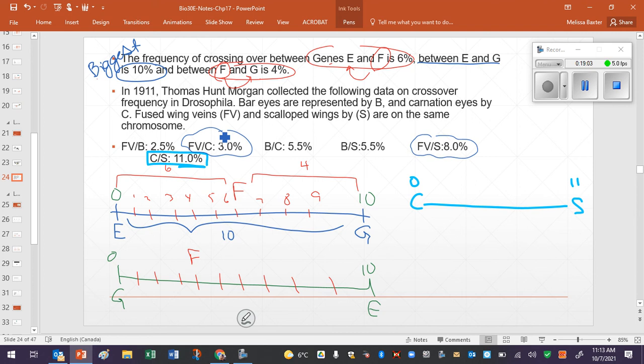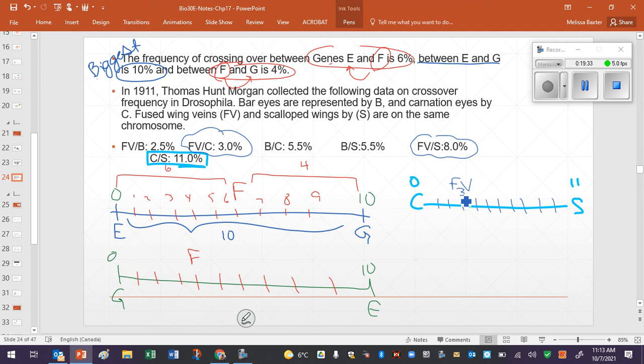I can see that the percent recombination between that fused wing vein gene and C is 3, and between the fused wing vein gene and S is 8. So I would put FV 1, 2, 3 spaces away from C, and then I would check to make sure that it was in fact 8 spaces away from S.